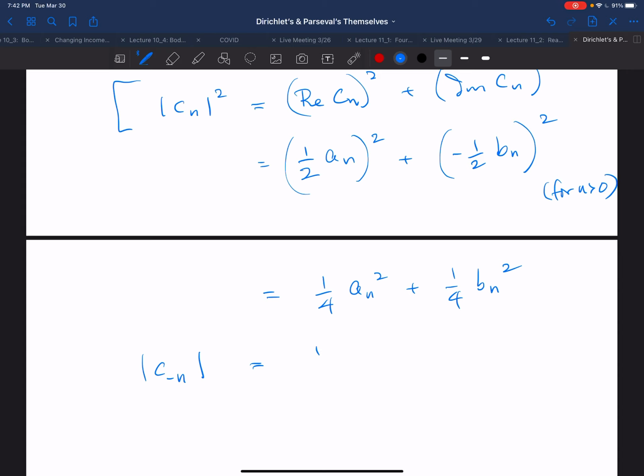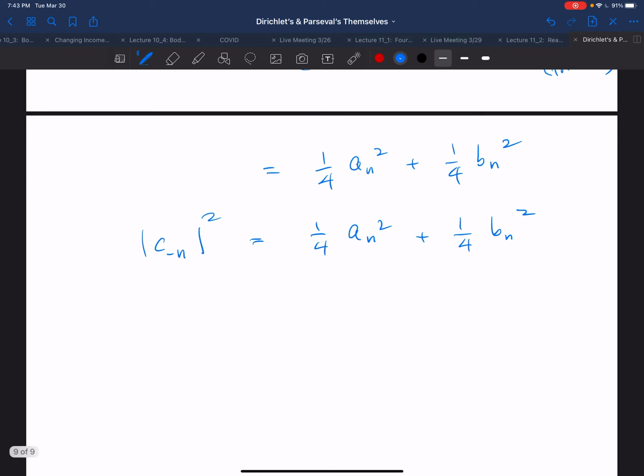C sub minus n will also give us 1/4 a n squared plus 1/4 b n squared. And we're adding up both the modulus of c sub n squared and the modulus of c sub minus n squared in our original version of Parseval's theorem. So we have to take account of both of them. And that gives us our 1/2 a sub n squared plus 1/2 b sub n squared.